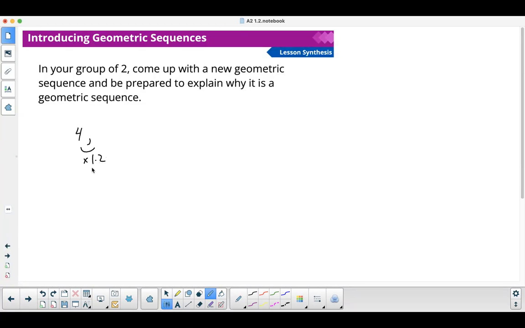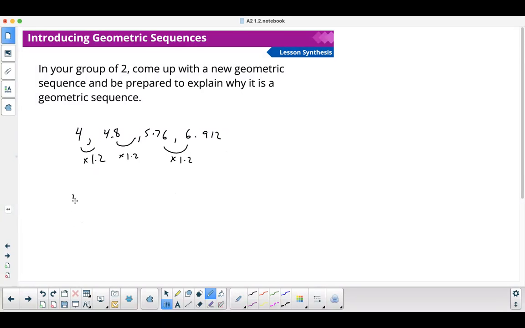So I'm just going to take my calculator. 4 times 1.2 gives me 4.8, times 1.2 is 5.76, times 1.2 is 6.912. And you could keep on going, but there you go.